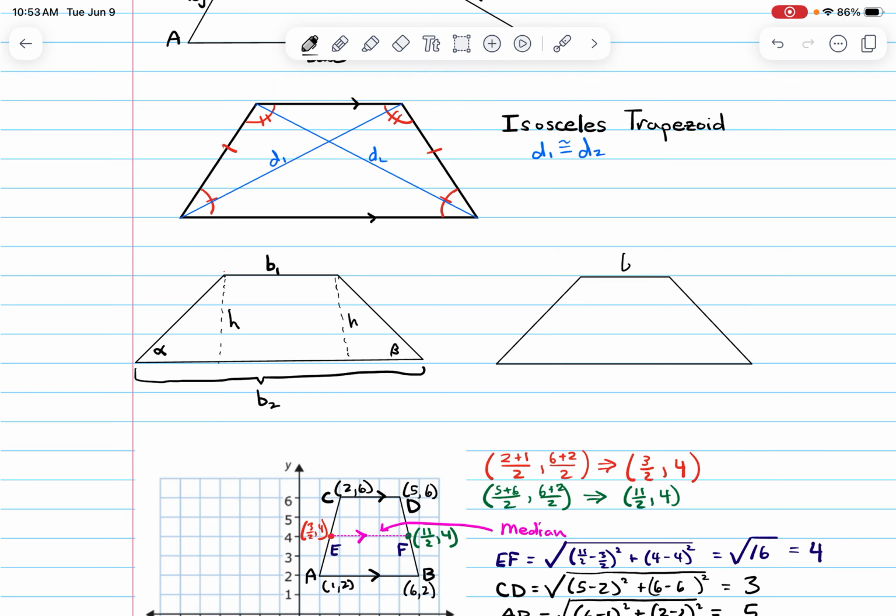And I've got base 1 up here, base 2 down here. And I want to draw a diagonal across like this. And you'll notice that I have two triangles there.